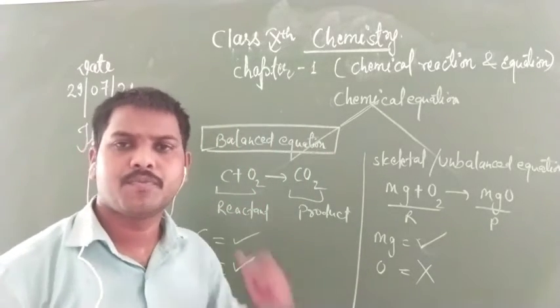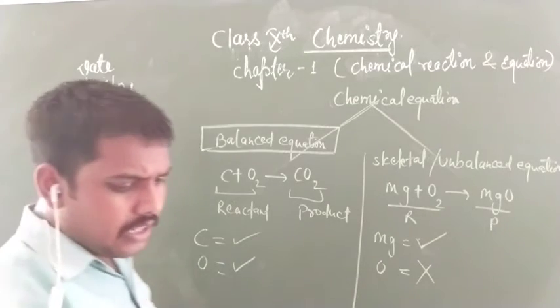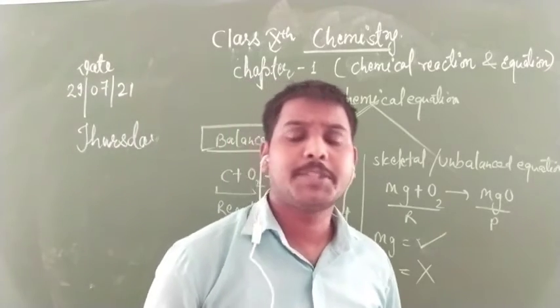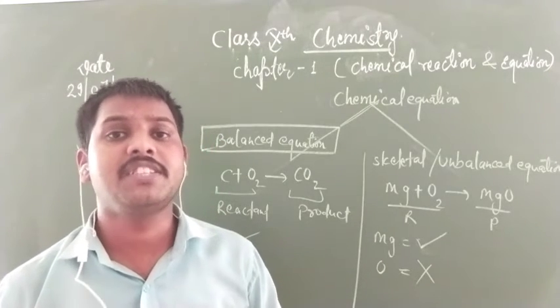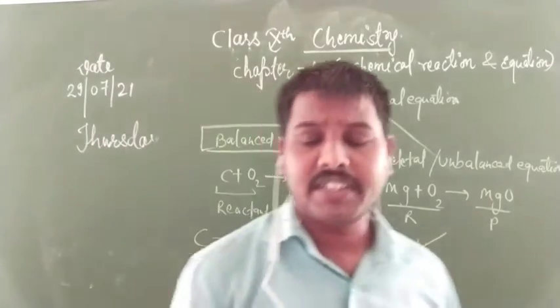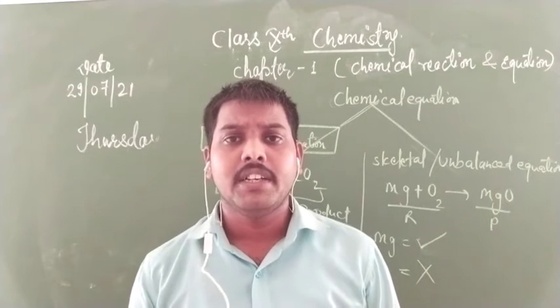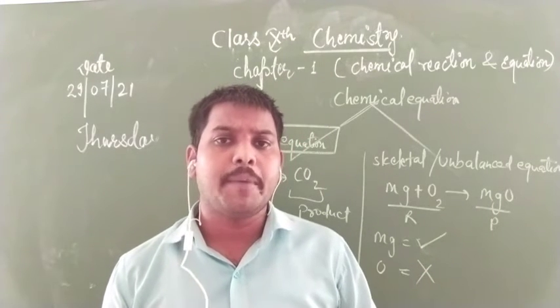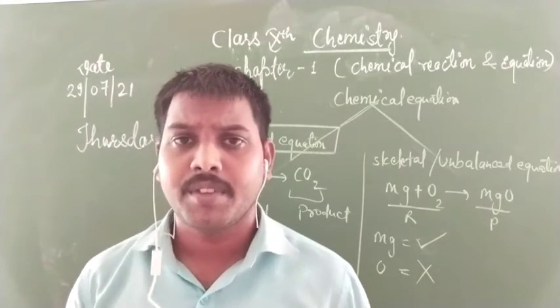Clear everyone? So now, children, every chemical reaction made by nature is stable, that is, balanced. It means nature wants to tell us that a chemical equation is correct only if it is balanced.